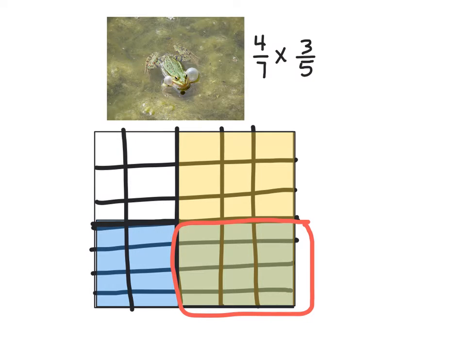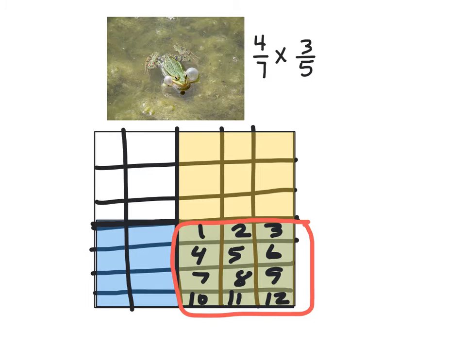Okay, so now let's go ahead and just count these because that's going to tell us our answer. I got 1, 2, 3, 4, 5, 6, 7, 8, 9, 10, 11, and 12.